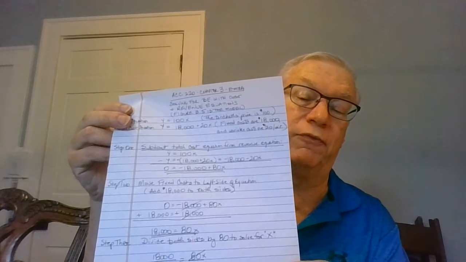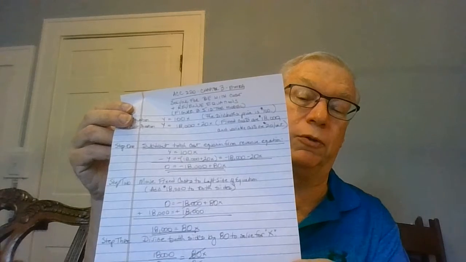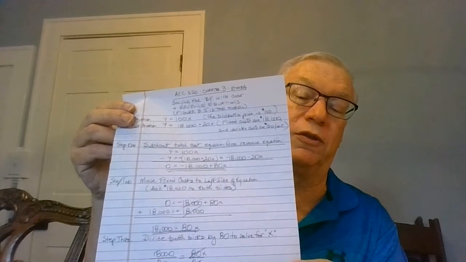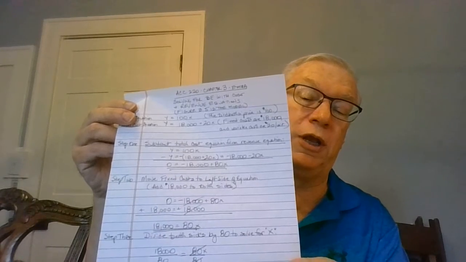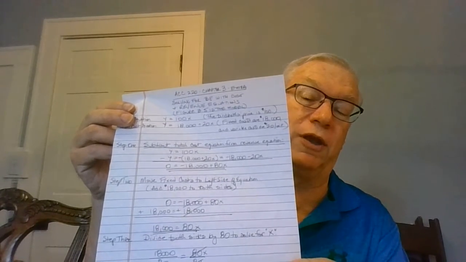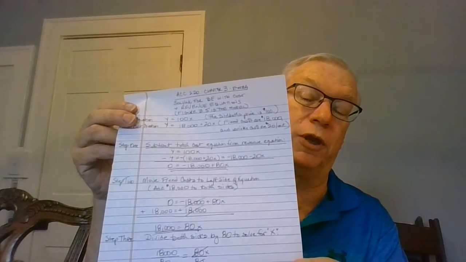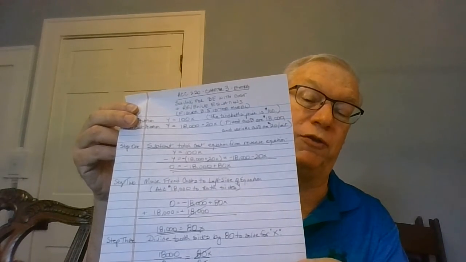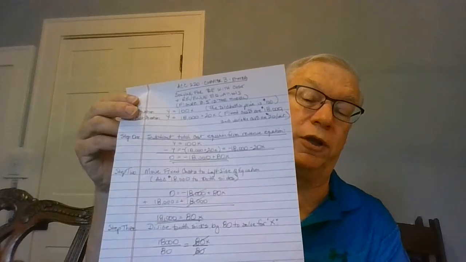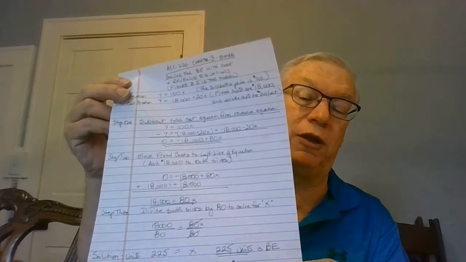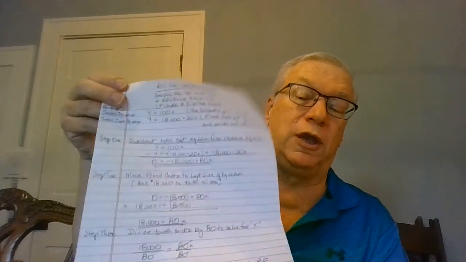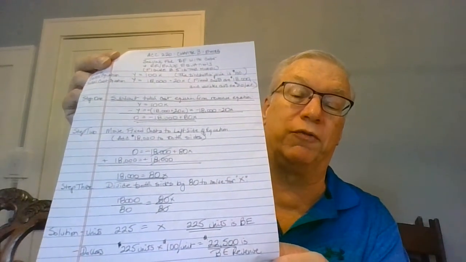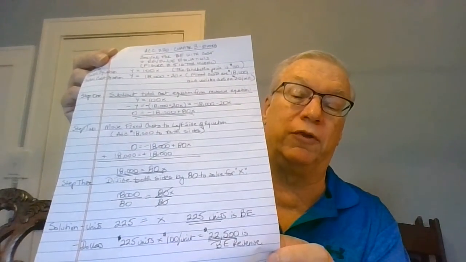You can see that I've done that here, so minus 18,000 plus 18,000 cancels to 0, and then 0 plus 18,000 equals 18,000, so we end up with an equation of 80x equaling $18,000. Then we just divide both sides by 80 so we can solve for x, and we get the answer of 225. So 225 units is our break-even in units.